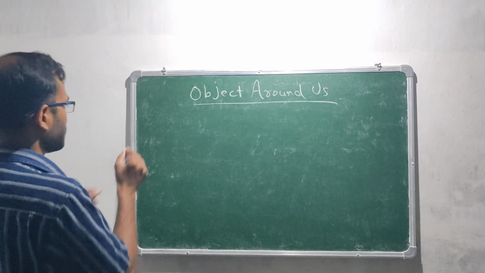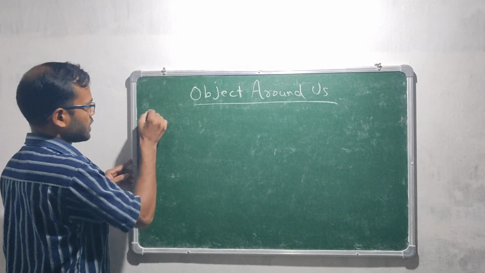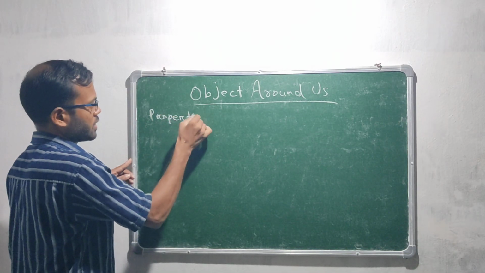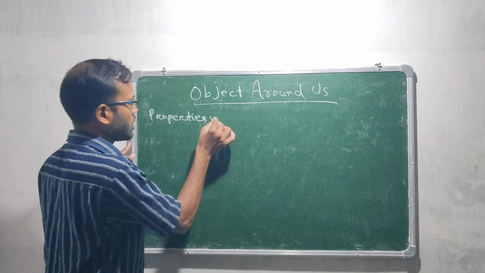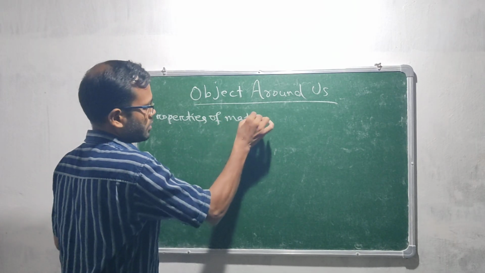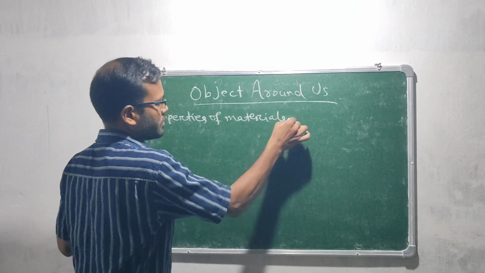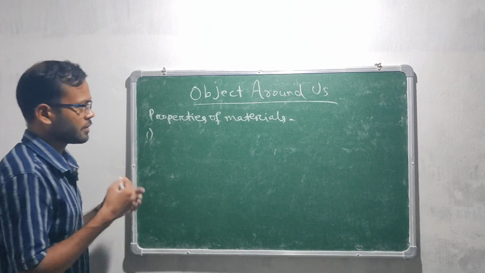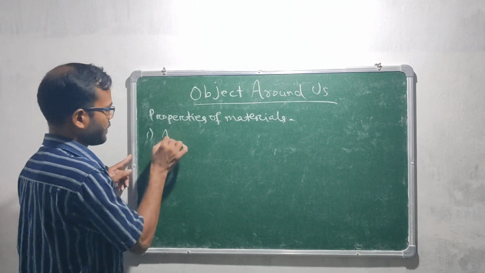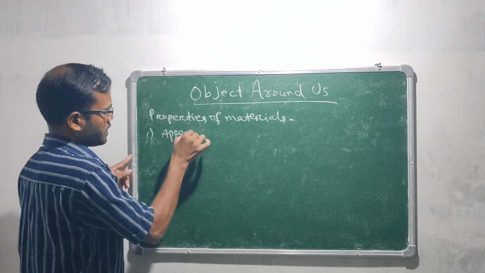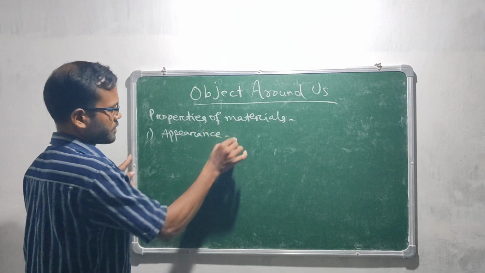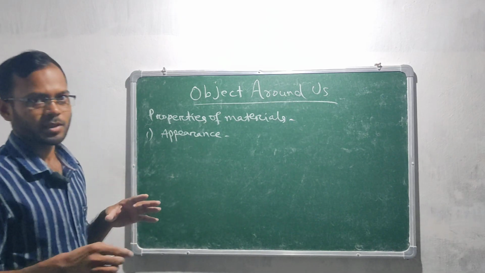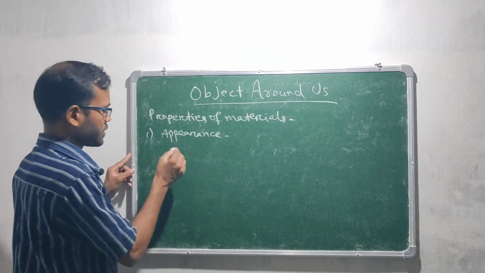Okay, continue. So our next heading is properties of material. What are the properties of material? The first one is appearance. We can see different objects in our surroundings.